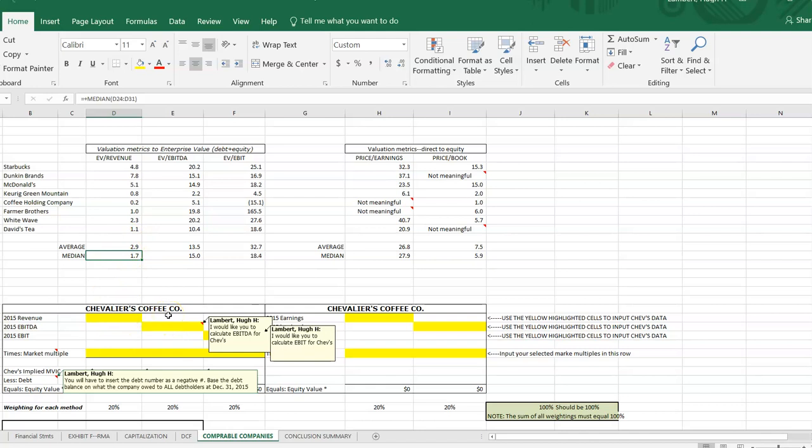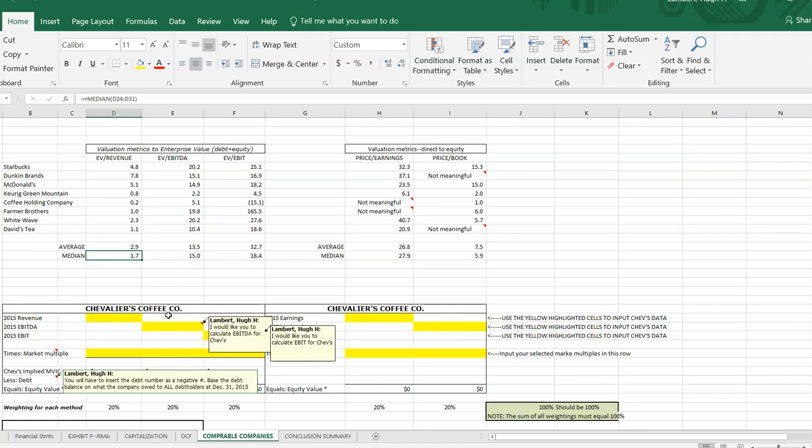But here's the key thing, and here's where valuation becomes more of an art than a science. First of all, we don't have to include all 8 of these companies in our sample. This is what we've started with to cast the widest net and come up with all the companies that could potentially be comparable to our subject company.